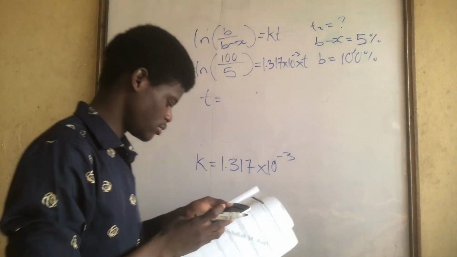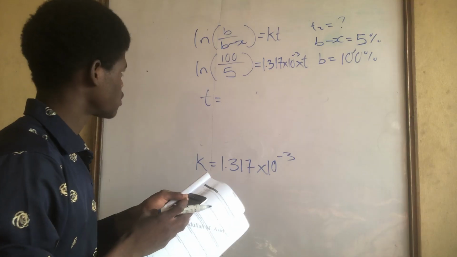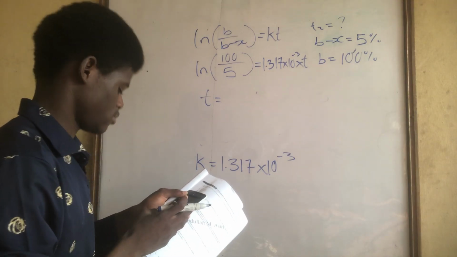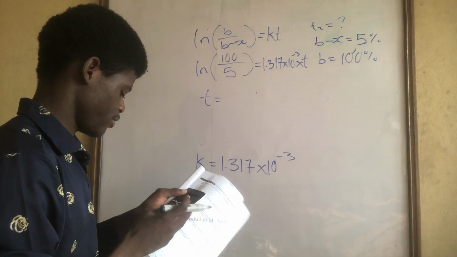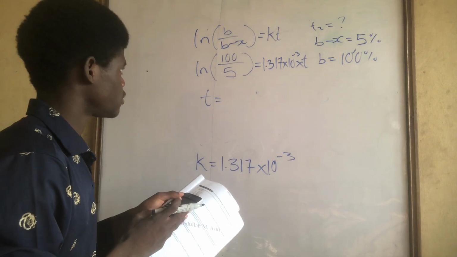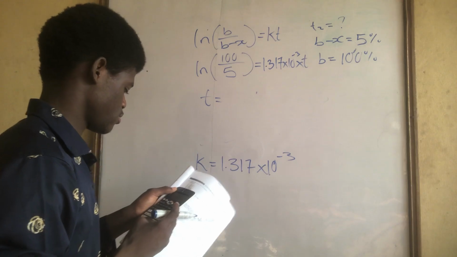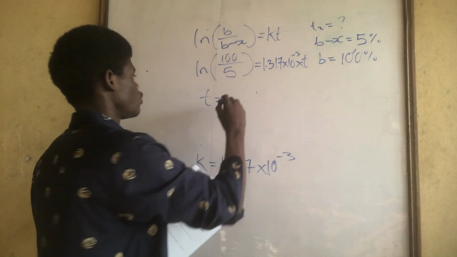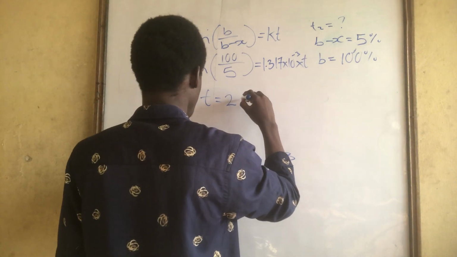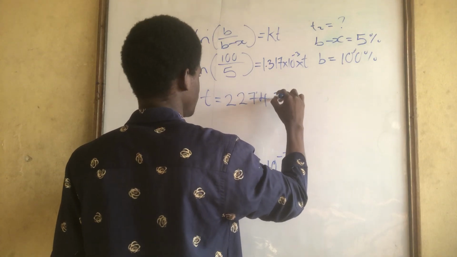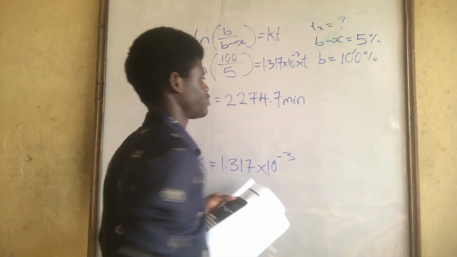That will be ln 100 over 5, all divided by 1.317 times 10 raised to the power minus 3. And that will give us 2,274.7 minutes.